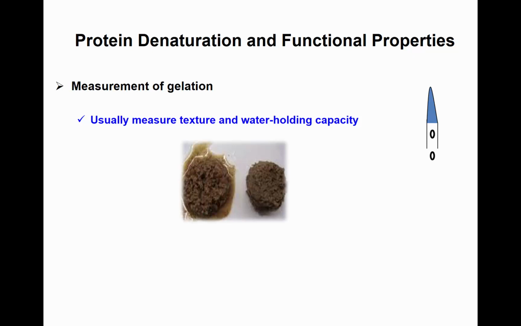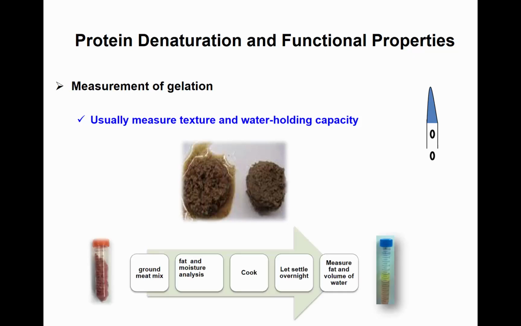Here's an example of meat patty. Here you have whey protein added to the meat patty. You don't see syneresis after cooking. And where there's no whey protein added, the water holding capacity is low. In order to measure water holding capacity of the patty, with and without whey protein, this is how you would do it.